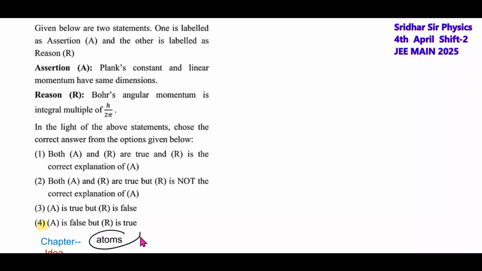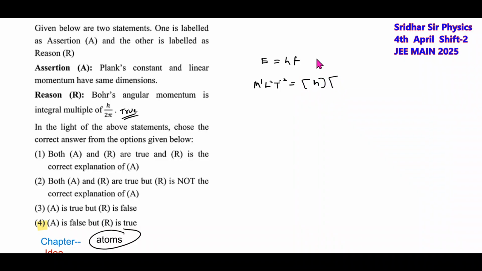This question is based on atoms and also dimensional analysis. Given below are two statements, one labeled as assertion, the other labeled as reason. Assertion: Planck's constant and linear momentum have the same dimension. Reason: Angular momentum is integral multiples of h by 2 pi. This is true. What about Planck's constant and linear momentum having the same dimensions? E equal to hf. Dimensions of energy, M1 L square T minus 2.